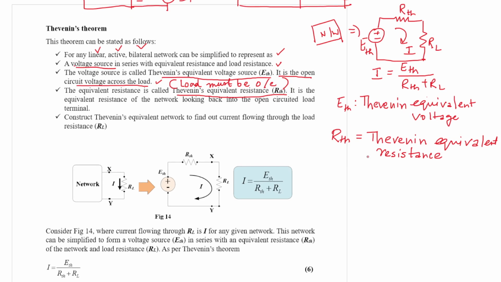What is the Thevenin equivalent resistance? It is the equivalent resistance of the network looking back into the open circuited load terminal.